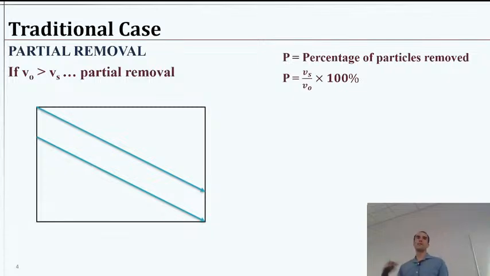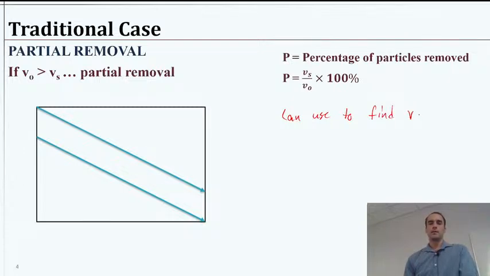Or, oh, what's the Vs if we had the design velocity? So we can use this to find, let's say, Vs if percent and V naught are known, right?